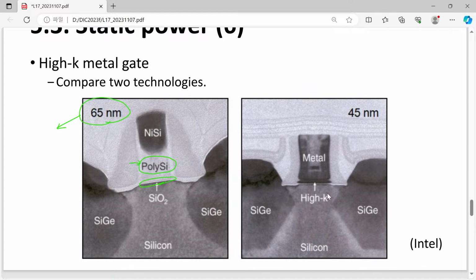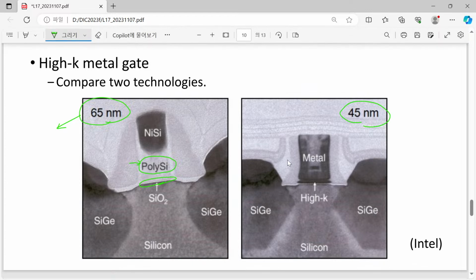However, now in newer technology, the guys at Intel introduced metal gate and a high-K oxide layer. Simply speaking, what is the difference between this pure silicon dioxide and high-K material?